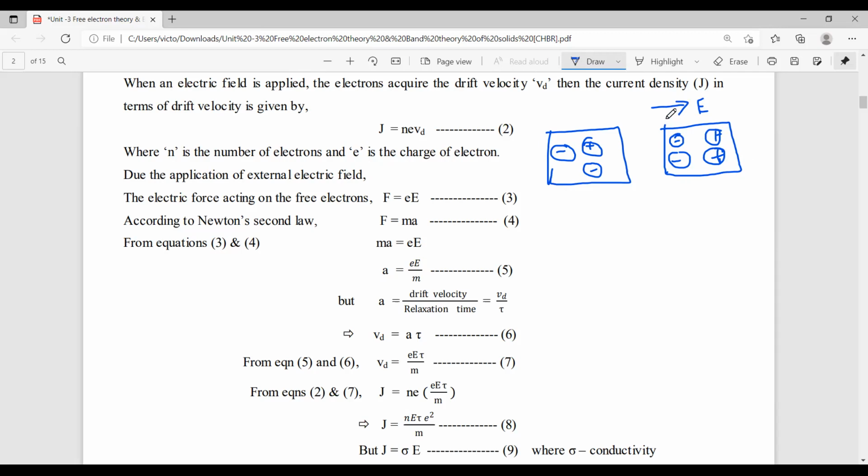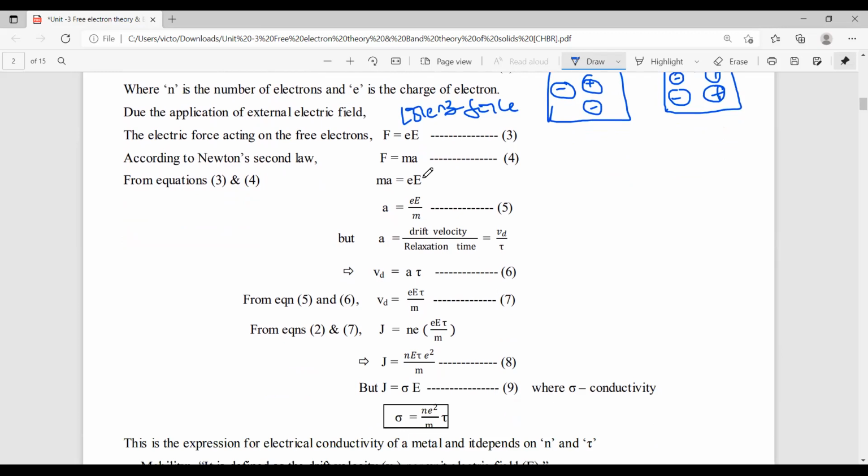By the application of an external electric field, a Lorentz force acts on these charge carriers. The Lorentz force is expressed as F equals small e, capital E. But according to Newton's second law, F equals ma.